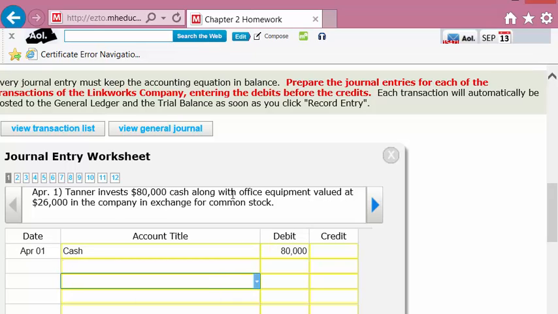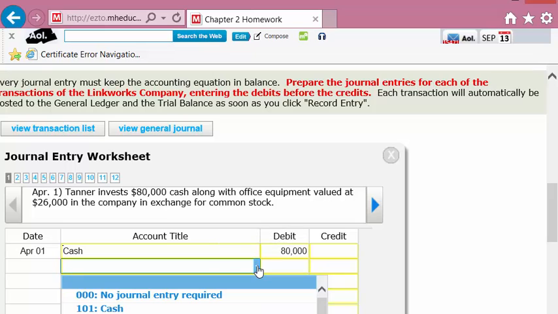Now what? In exchange, I gave office equipment valued at 26,000. So she brought office equipment of 26,000. Is office equipment an asset? Yes, it is. So I have to debit it, don't I?